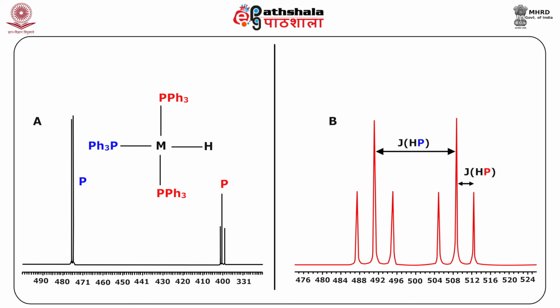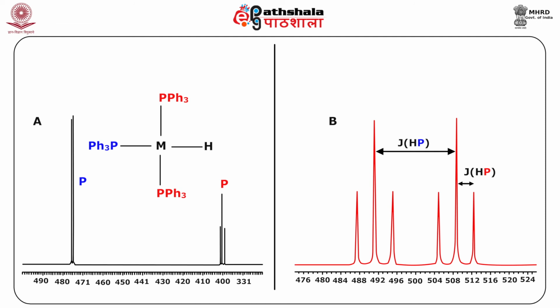Now, consider the proton NMR spectrum. The hydrogen in the hydride attached to the metal will couple to the red triphenyl phosphine to give a doublet. This hydride will also couple to the two equivalent blue triphenyl phosphines to give a 1:2:1 triplet.